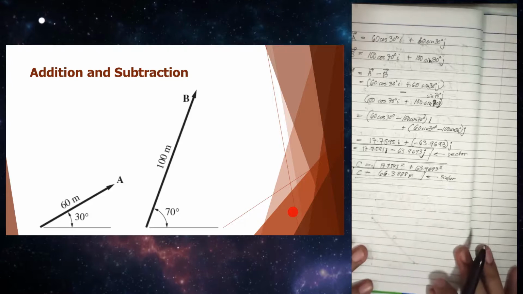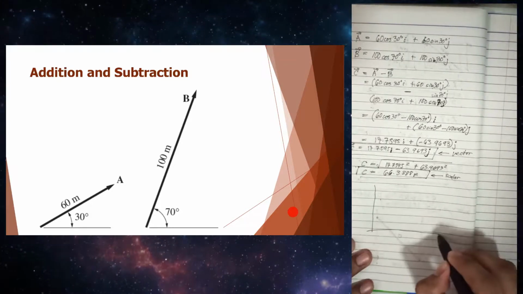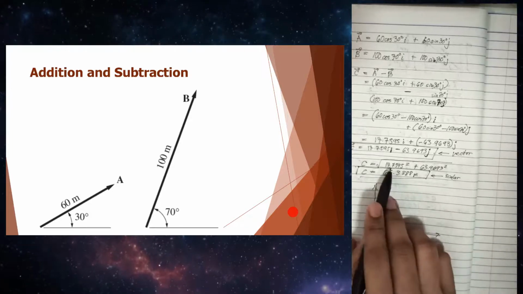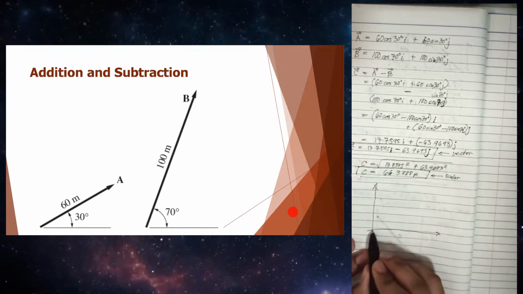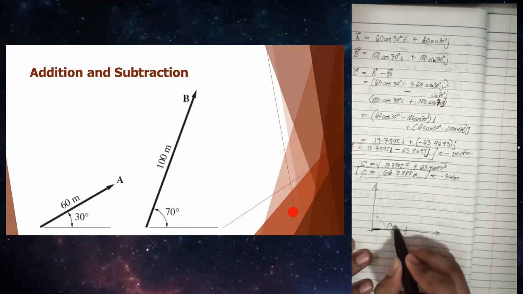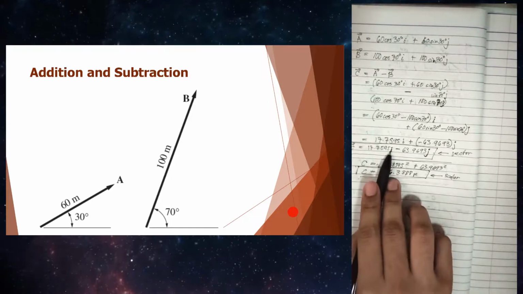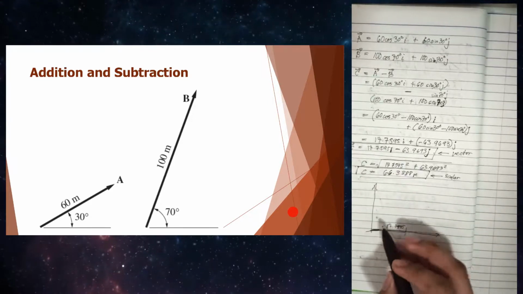To further identify pa natin is yung pag-plot natin yan. So you need to move 17.7595 papunta sa direction ng I, yun yung ibig sabihin nun. Then since negative na siya, pababa na.